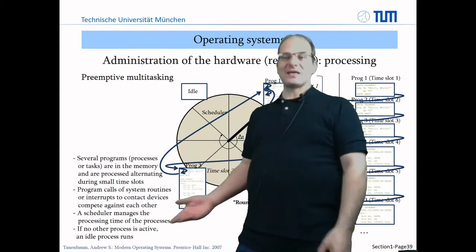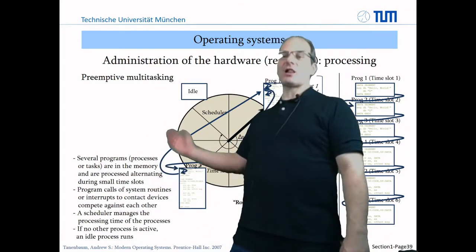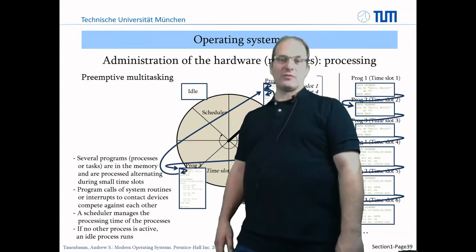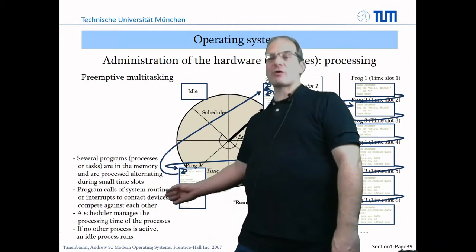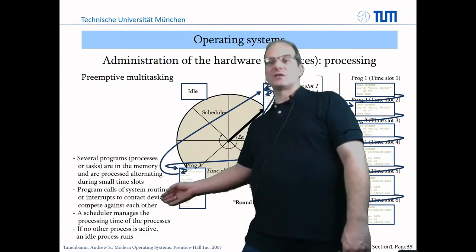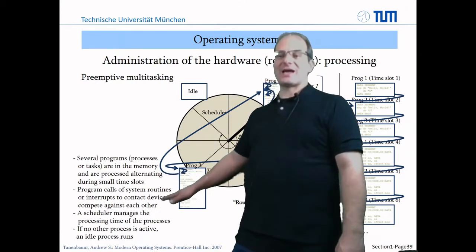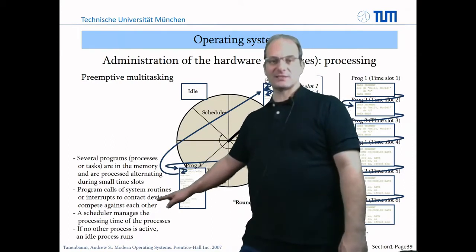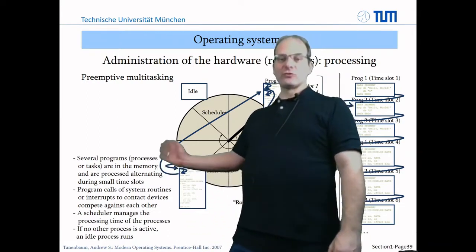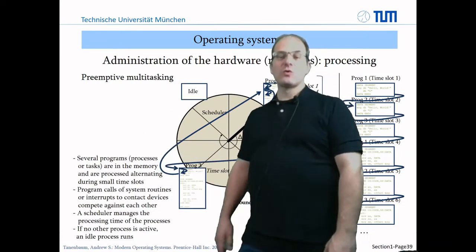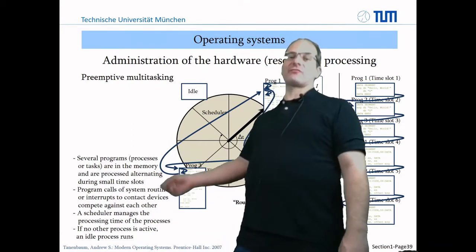So what does it mean? Several programs are in the memory at the same time and alternate on the CPU. Then program calls or system routines or interrupts are required so that you can connect the devices, and then a manager, a scheduler, organizes who is next and how it is organized. So there are, of course, different mechanisms again.